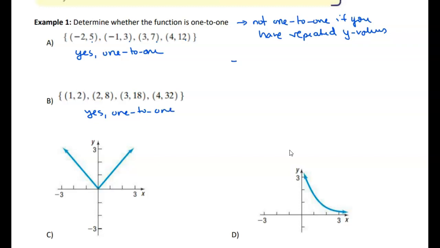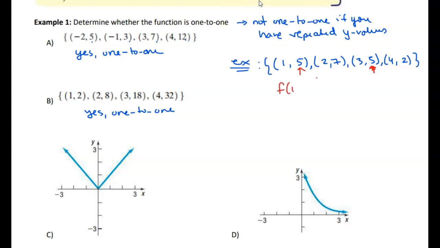Alright, here's an example. Let's say you had (1, 5), (2, 7), (3, 5), and (4, 2). Right. If you look at your list, you have 5 and 5. These are repeated y values.